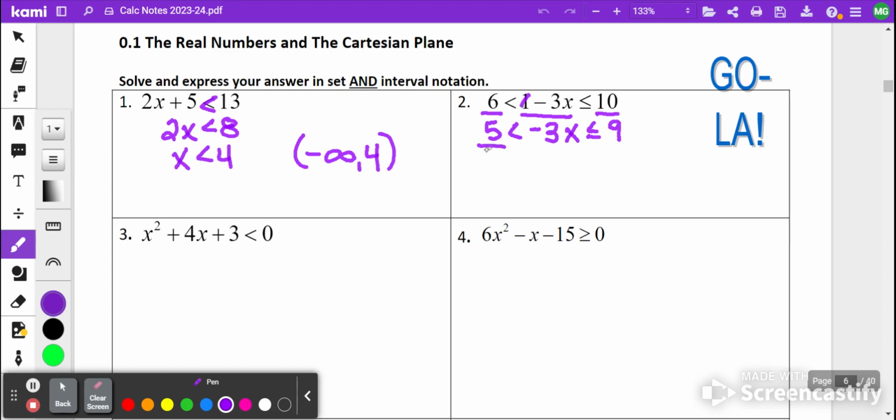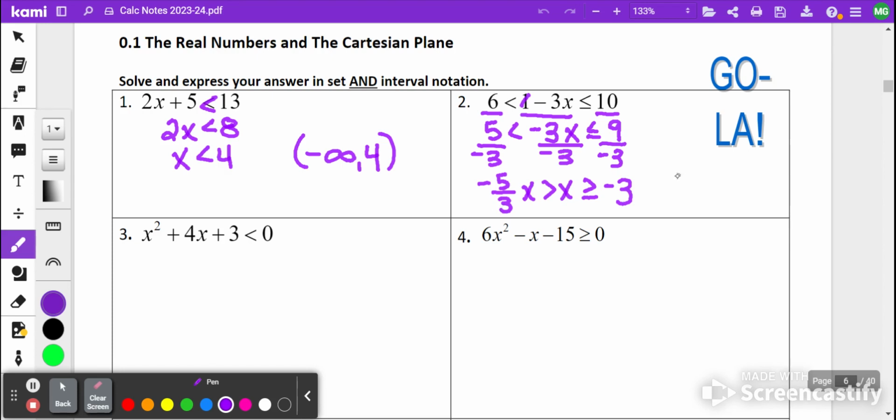And now we will divide all three sections by negative 3. So remember, when you divide by a negative, you have to reverse the inequality symbols. So what we have here is a solution that falls between negative 3 and negative 5/3.